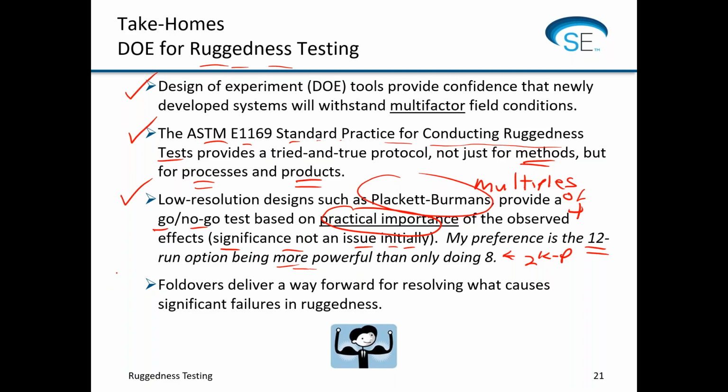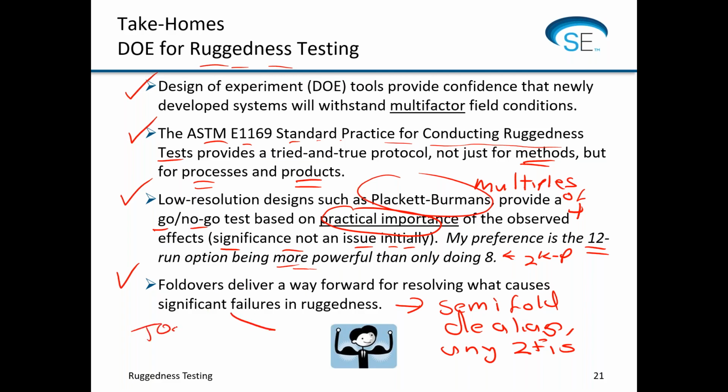And then foldovers give you the way out to resolve what causes significant factors in ruggedness, and you can even follow up after a foldover with a further semi-fold to de-alias any two-factor interactions. And these tools are available in Design Expert.